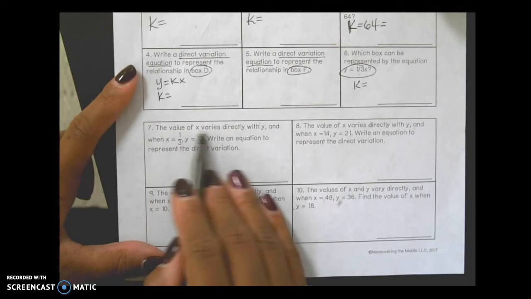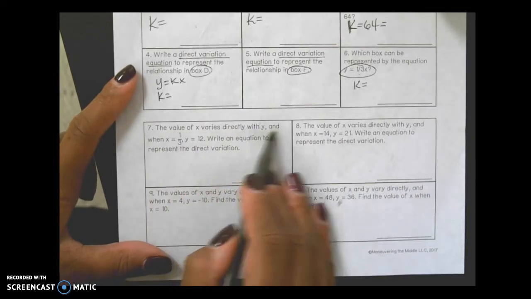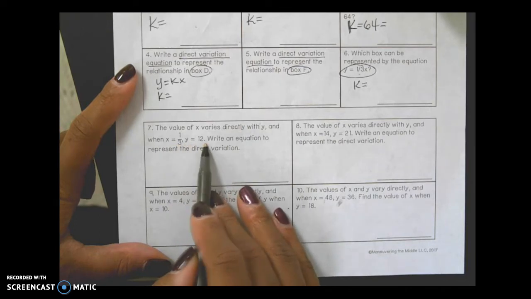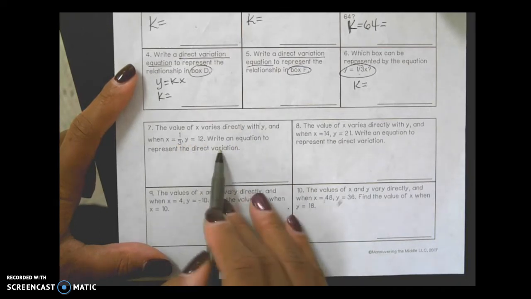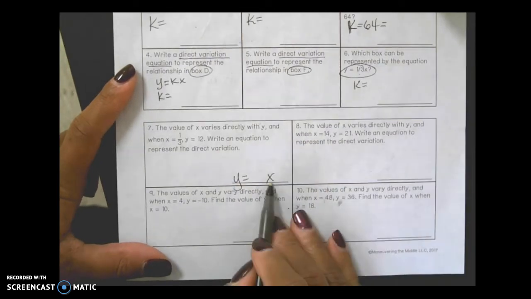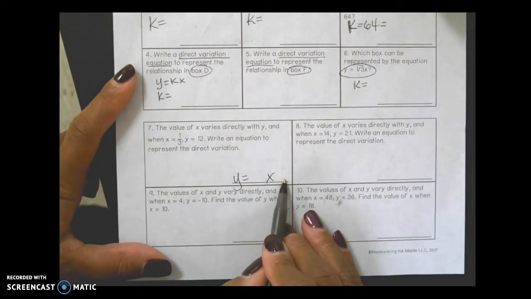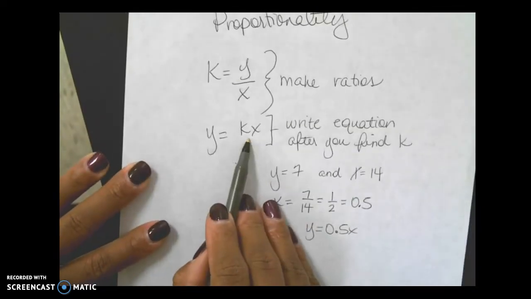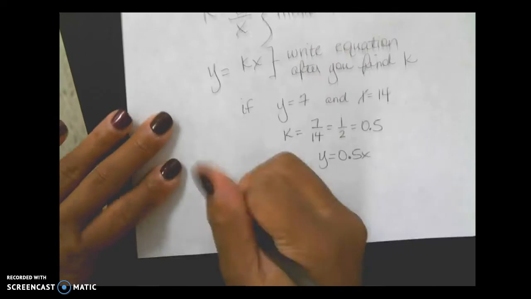Down here, the value of x varies directly with y, and when x equals 1/3 and y equals 12, write an equation to represent the direct variation. So this should say y equals something x. I have seen you all put plus something. There is no plus nothing here. This is not y equals mx plus b.